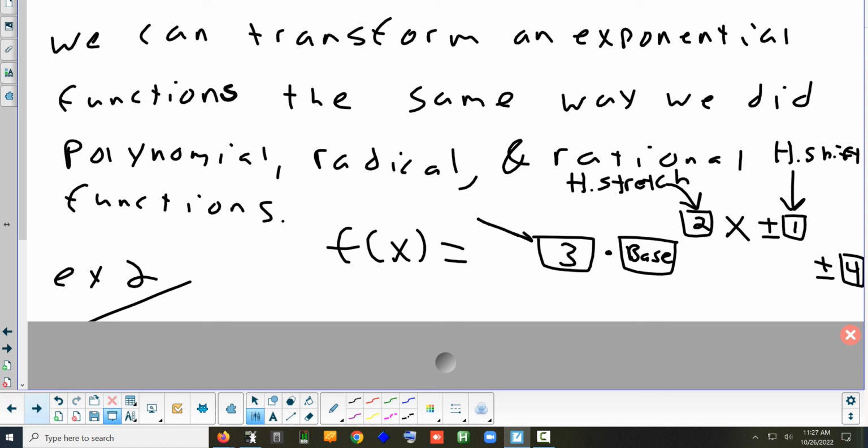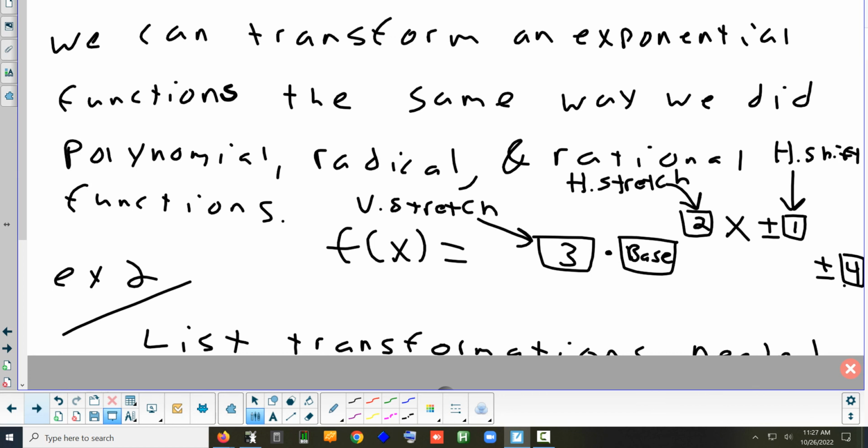Okay, how about multiplying by a number outside the exponent? Now we're on the outside. What would that do? Horizontal stretch. No, we got the horizontal stretch. Oh, vertical stretch. That's your vertical stretch. And what about adding or subtracting outside the exponent?